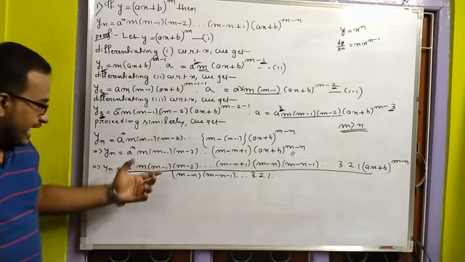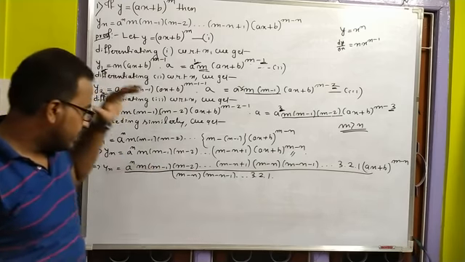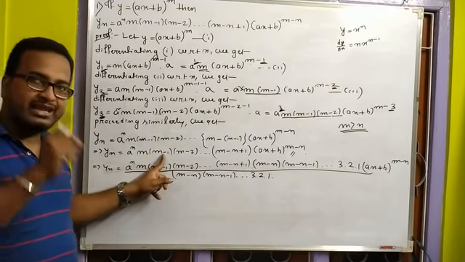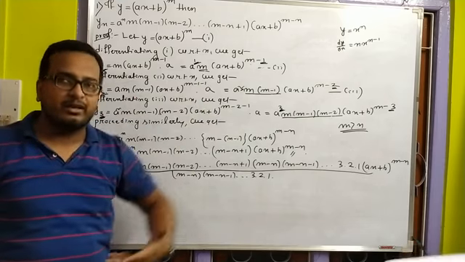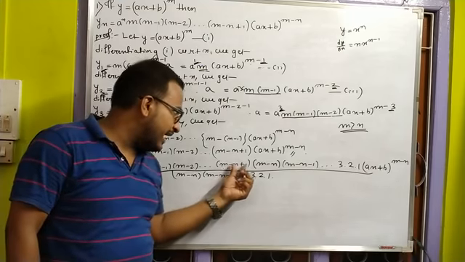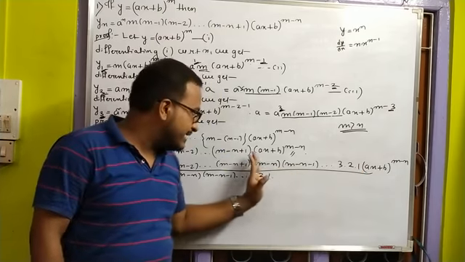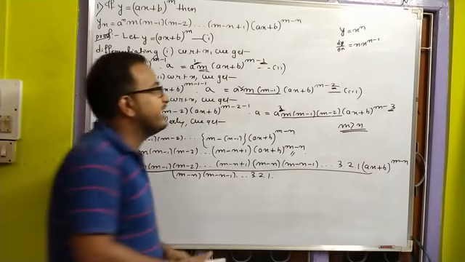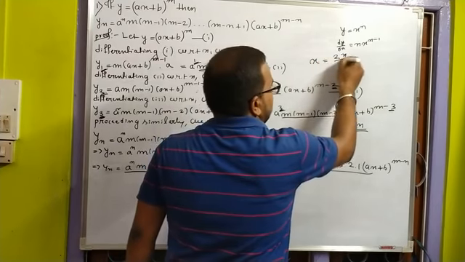Okay, so what I have done here, you see the terms are decreasing by 1. If you can follow the pattern, you see 1, then m minus 1, that means 1 less, then m minus 2, that means 1 less. Each term is decreasing by 1, right? So what I have done, I am just continuing the process till I get the quantity 1. Okay? So as I multiply this extra quantity with this term, I have divided this term also, because I can write x equals 2x by 2, right?